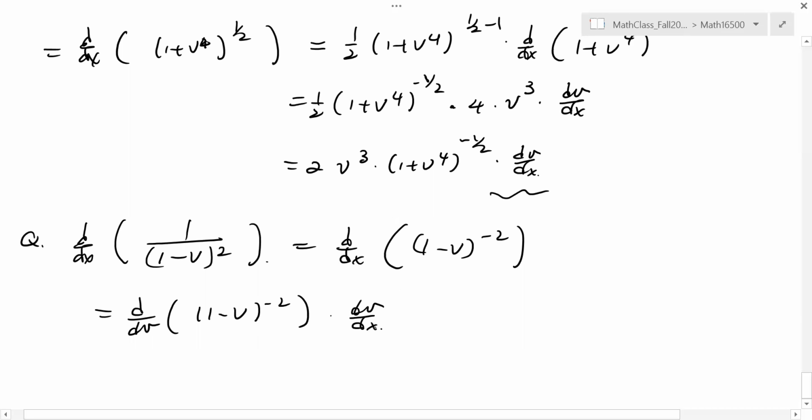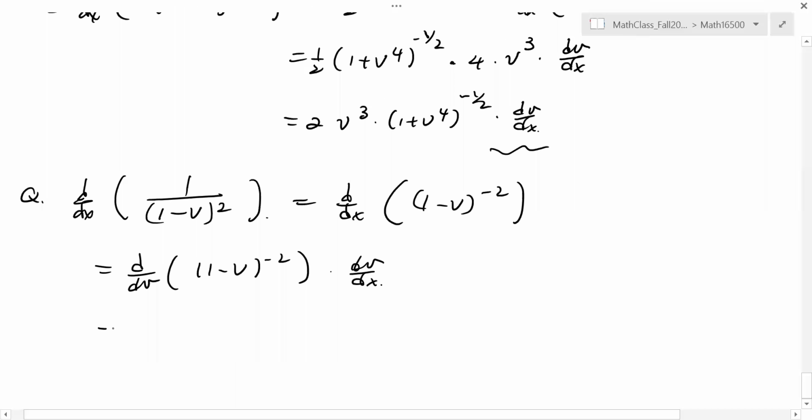So what is the derivative of 1 minus v to the negative 2, right? So you use another chain rule here. So it's negative 2 times 1 minus v to the negative 3. Then you have to differentiate 1 minus v with respect to v.